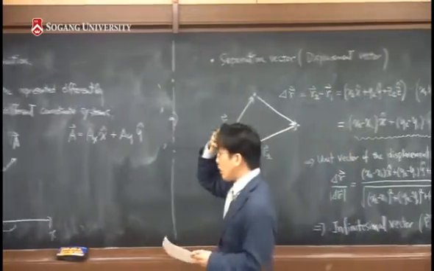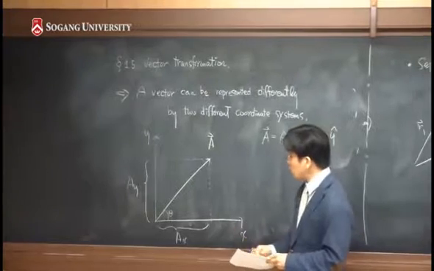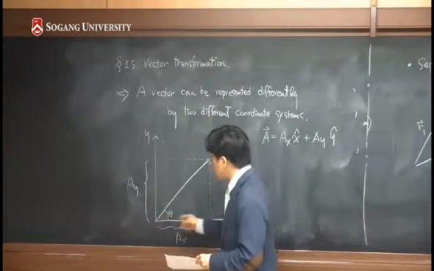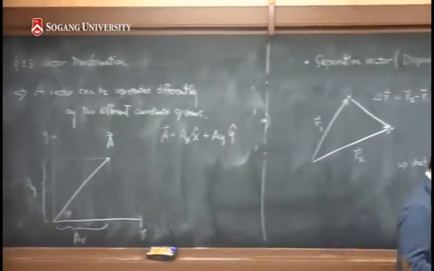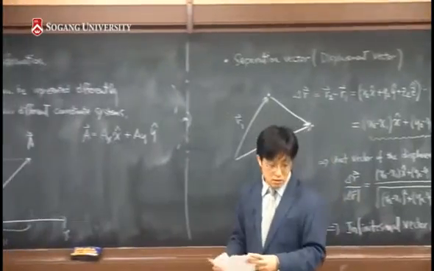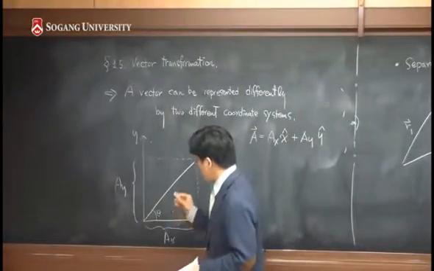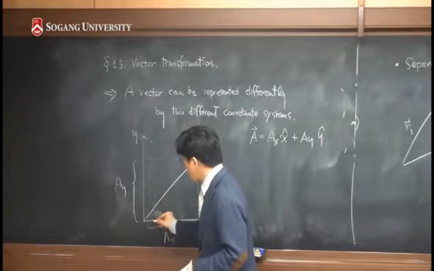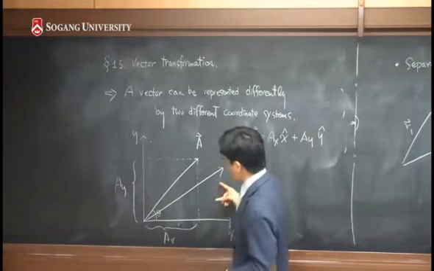But what if the coordinate system we have is not in this direction but in the other system? It would be nice if I had a different color of chalk, but okay, let's use the same color, unless it's too confusing. Let's say there is another axis.